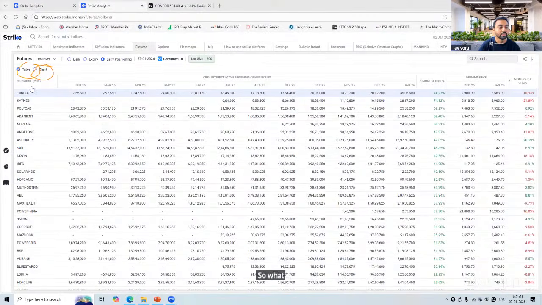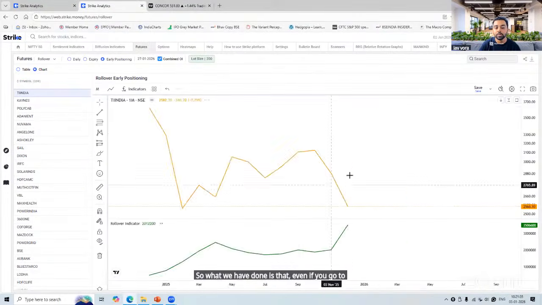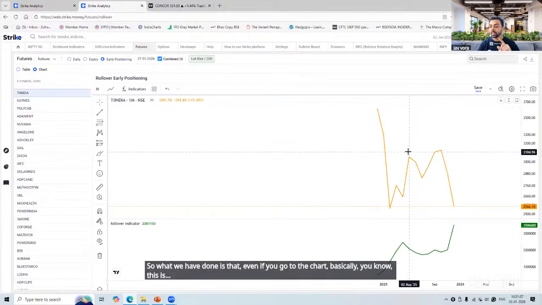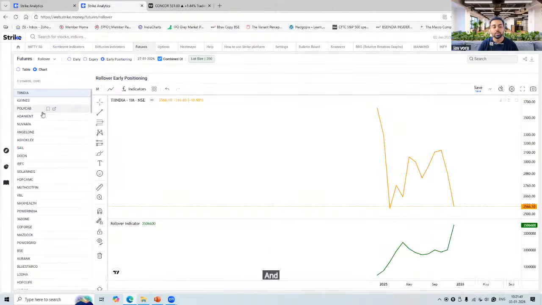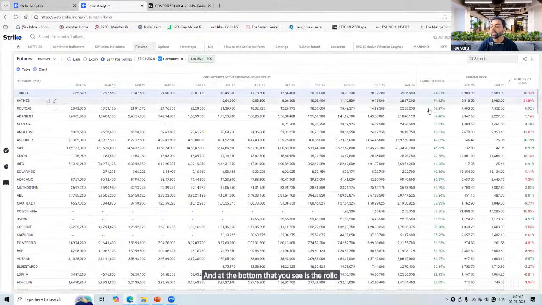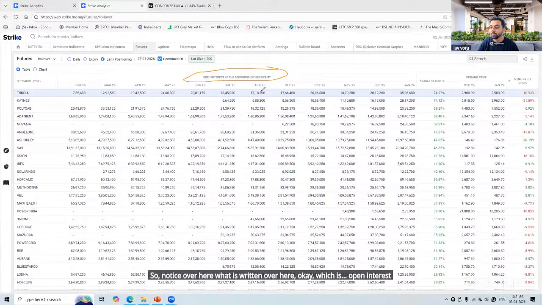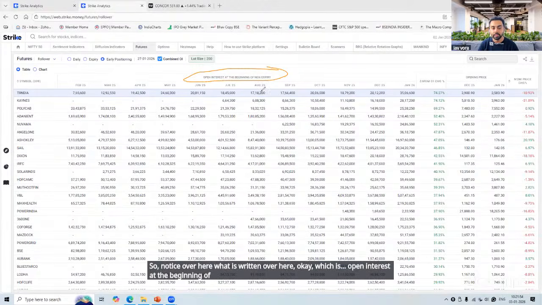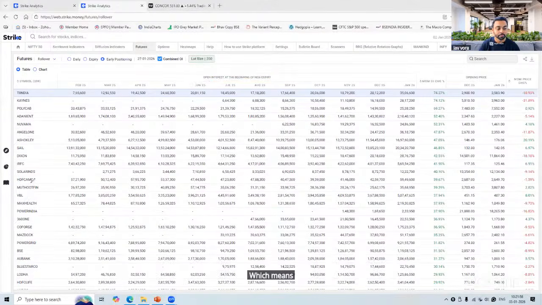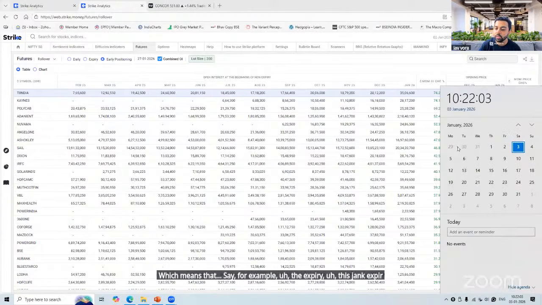So what we have done is that even if you go to the chart, basically, this is an expiry to expiry chart. And at the bottom that you see is the rollover at the start of every month. So notice what is written over here, which is open interest at the beginning of new expiry, which means that, say for example, the January expiry happened on 30th.